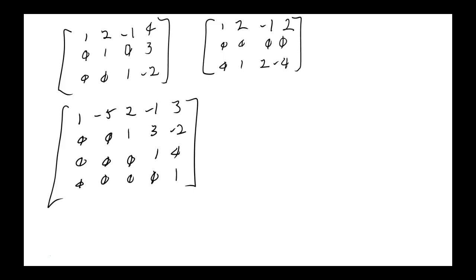If this did represent 4 equations with 4 unknowns, x1, x2, x3, and x4, and those are your constants, then this last row would say 0x1 plus 0x2 plus 0x3 plus 0x4 equals 1. Not going to happen.